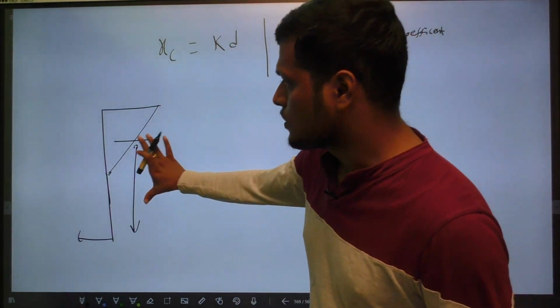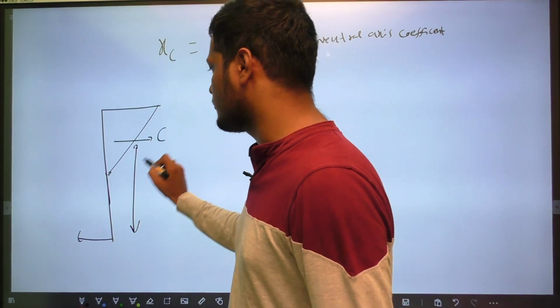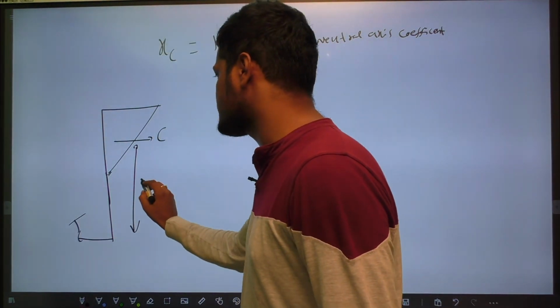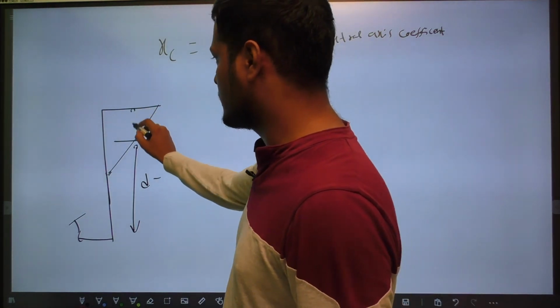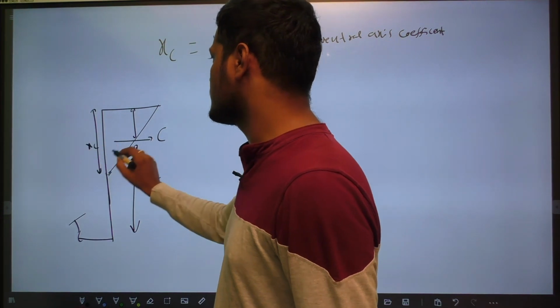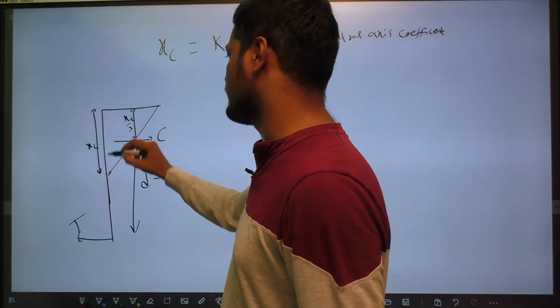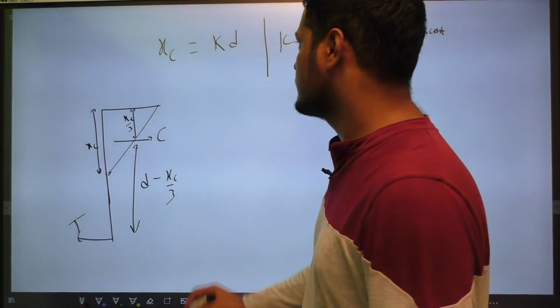Lever arm is nothing but the distance between the forces. So this is the compression force and this is the tension force, and what is this value? D minus, if this is the neutral axis depth XC, this will be XC by 3 obviously. So D minus XC by 3, correct?